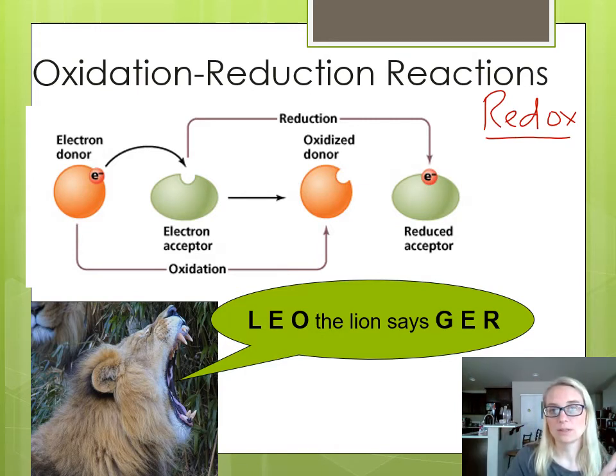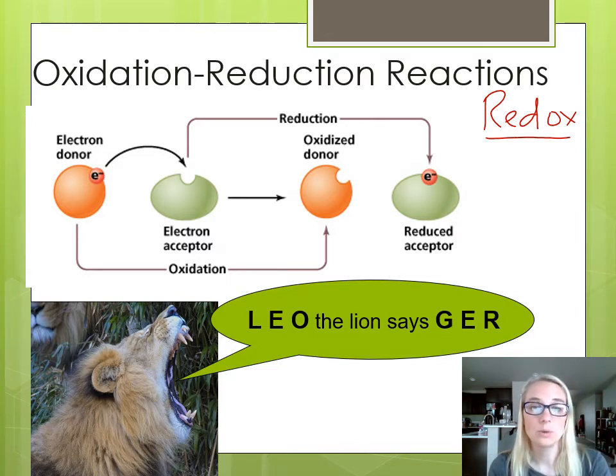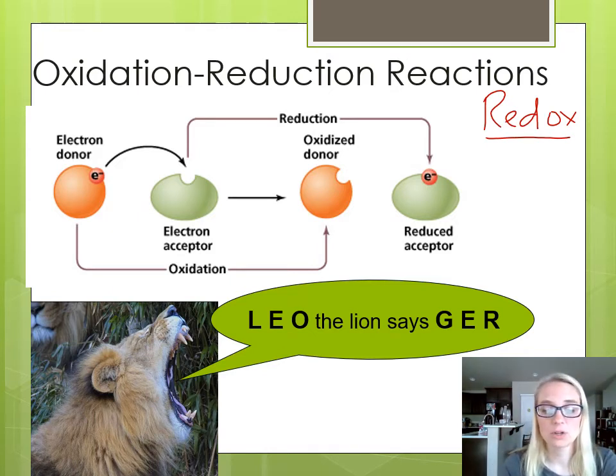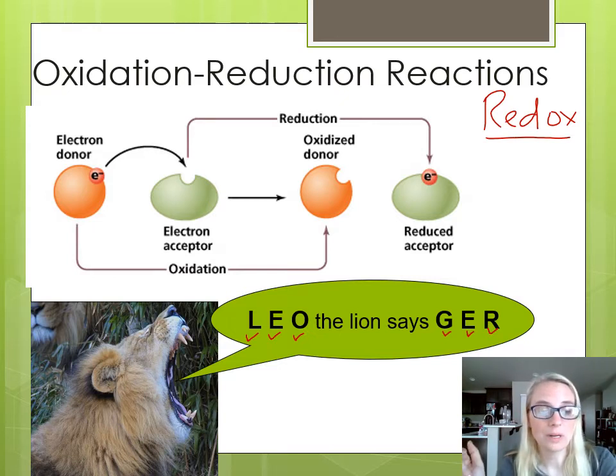Losing electrons is oxidation. The thing that's gaining the electrons is being reduced. Gaining electrons is reduction. So I have my Leo the lion says GER saying: losing electrons is oxidation, gaining electrons is reduction. Hopefully that will help you remember what's happening here.